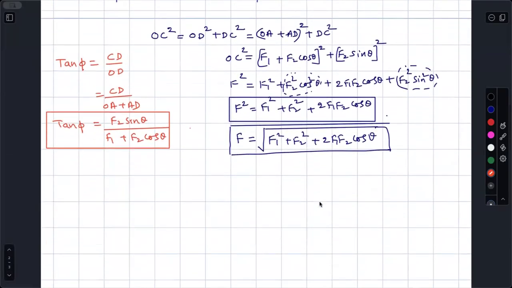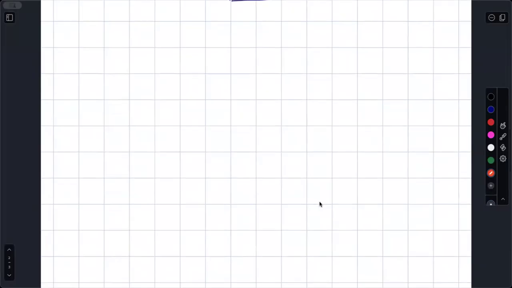Right. Next, I'll go with the triangle law of vectors.